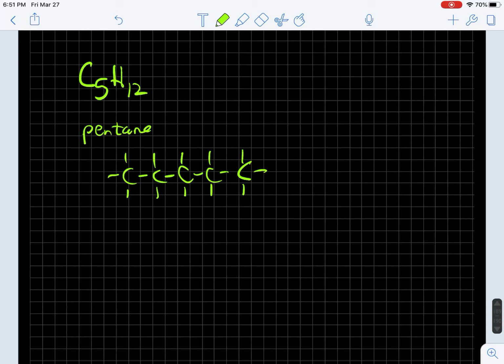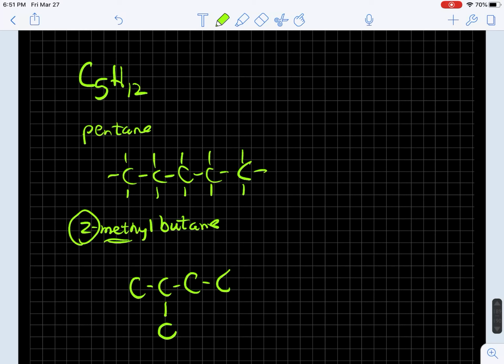So in pentane, we have a straight carbon chain, whereas in 2-methylbutane, remember, pent means 5 carbons. But, not but, means 4 carbons. So we'd have 4 carbons in a row. And then meth means 1 carbon. So we would have 1 carbon connected to the second carbon in the straight chain.